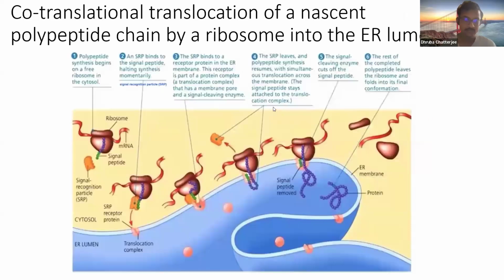This is a nice schematic which depicts the co-translational delivery of the nascent polypeptide chain by the ribosomes into the endoplasmic reticulum lumen or the endoplasmic reticulum membrane, right?